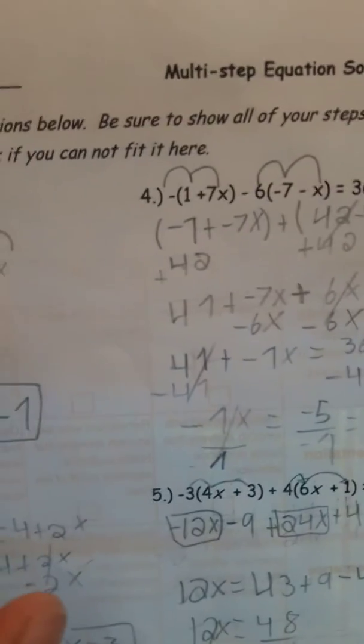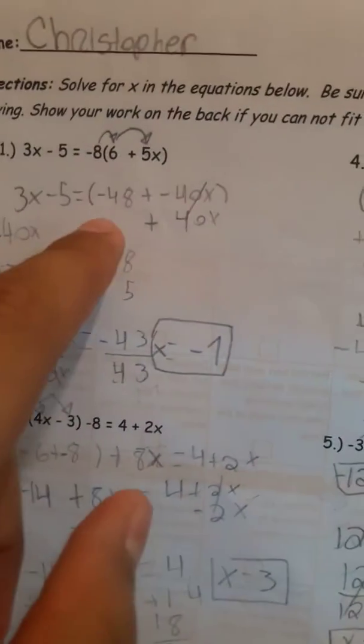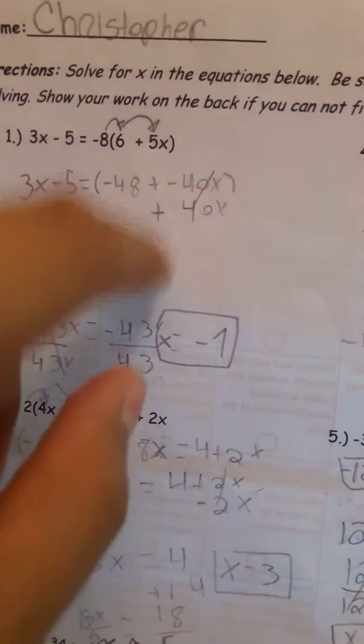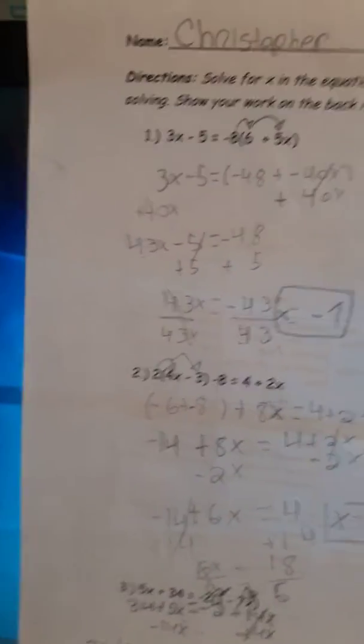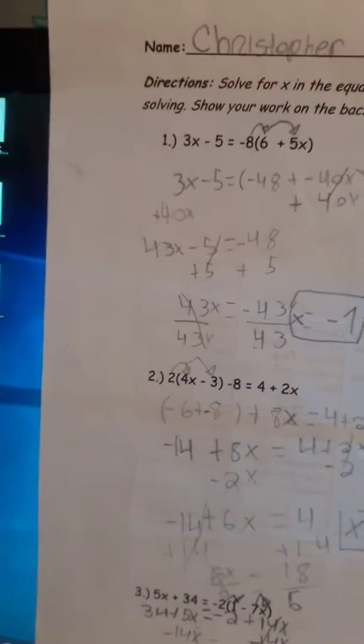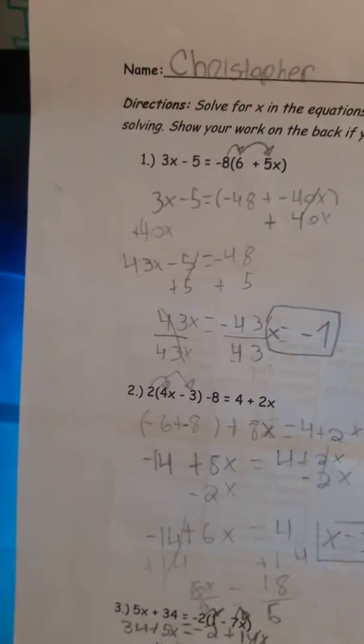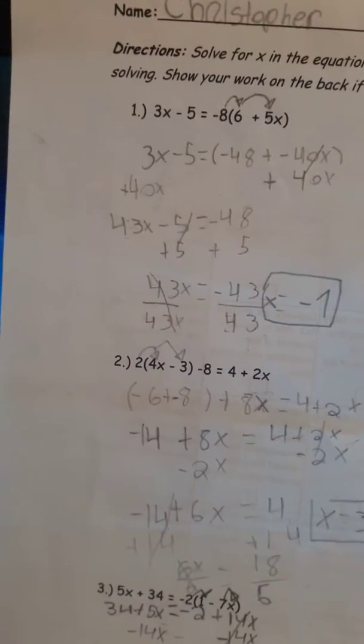Then I added these by both sides, crossed them, and I added 40 by that side, 40x, and I got 43x minus 5 equals negative 48.